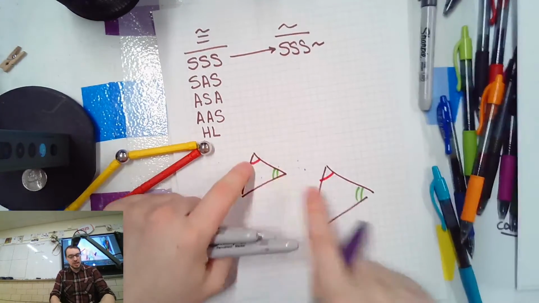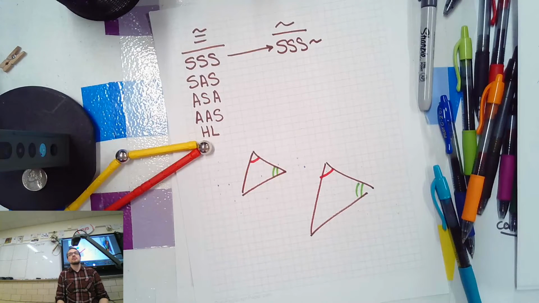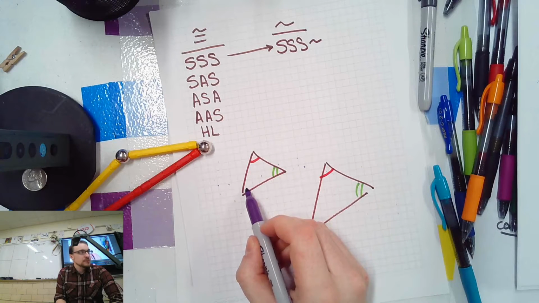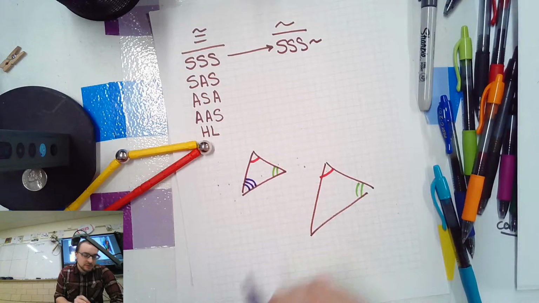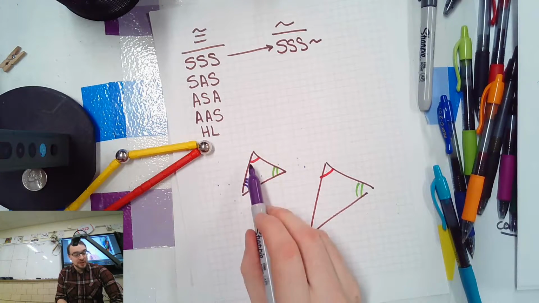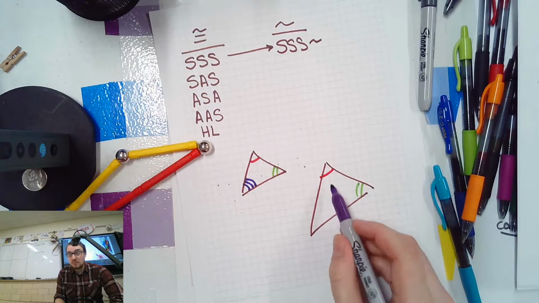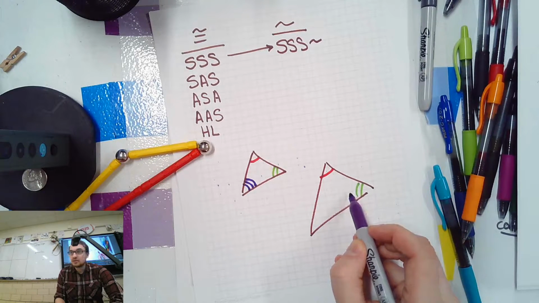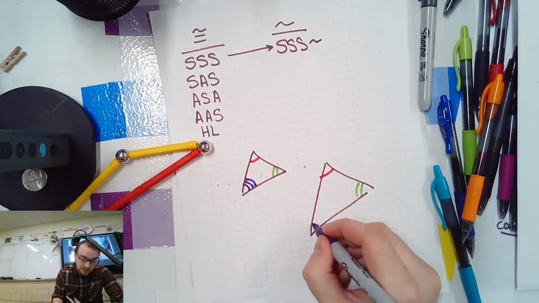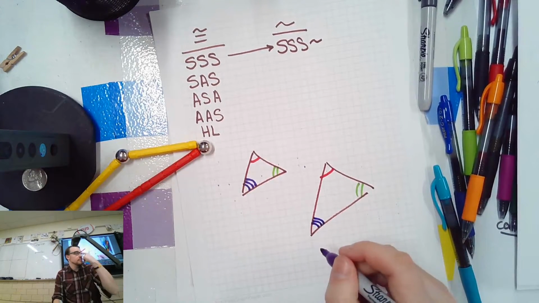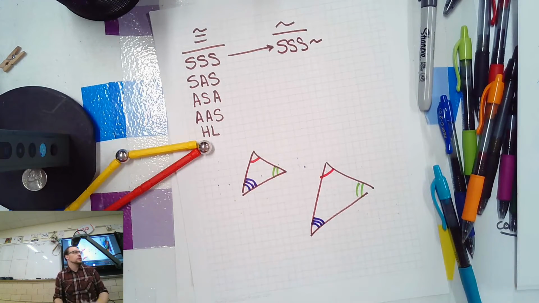If I have 2 of the same, then I know they all have to add up to 180, so if you subtract those angles from 180 both times, it's going to be the same thing. So this angle right here is going to be equal to 180 minus red minus green, and this angle right here would also be equal to 180 minus red minus green. By angle addition postulate, these angles would be the same. So if I know 2 of the angles, I get the third for free.